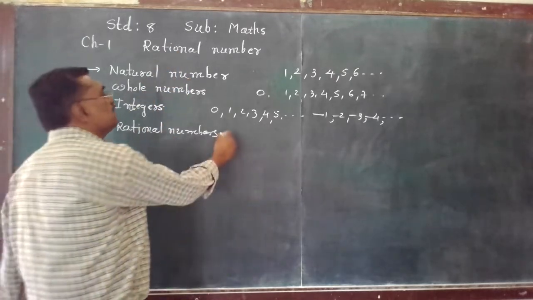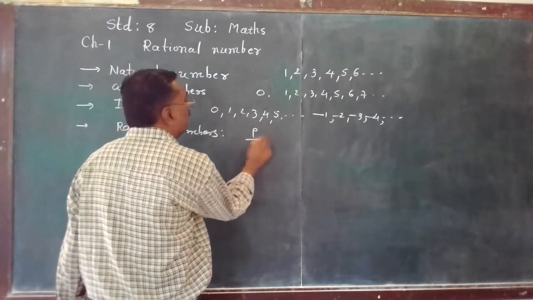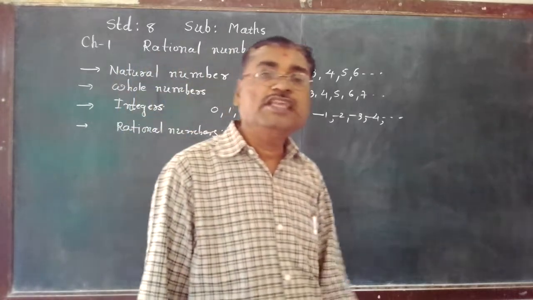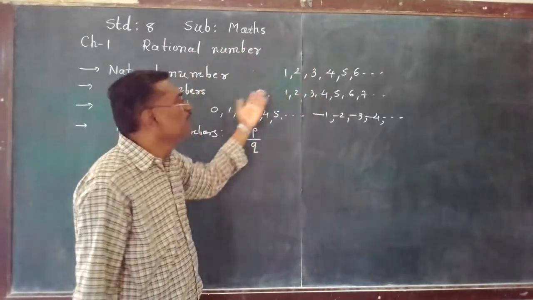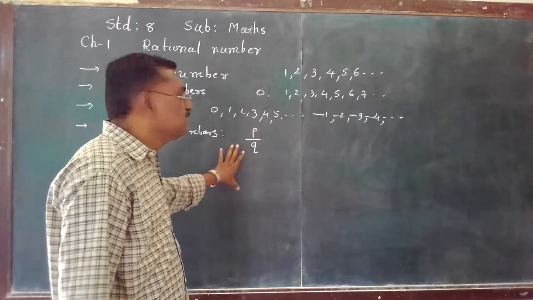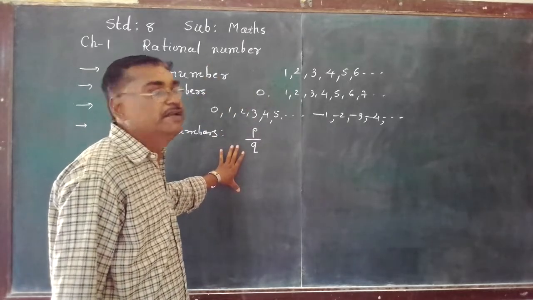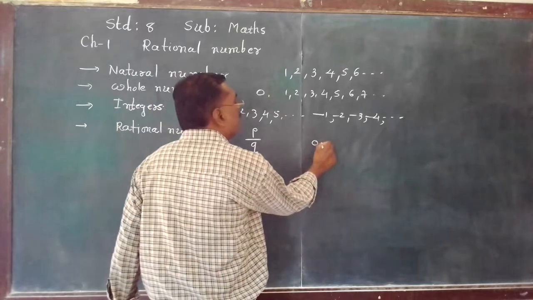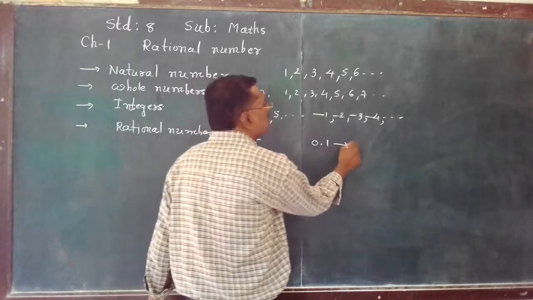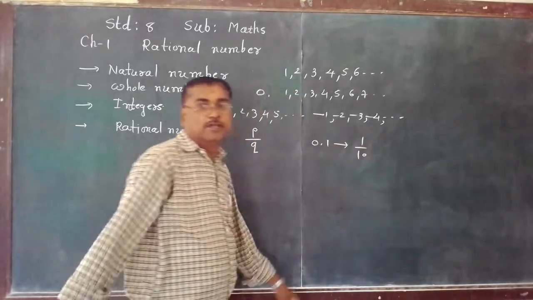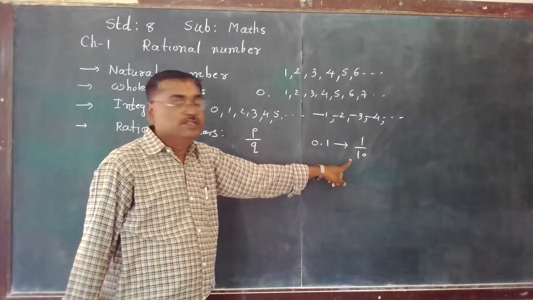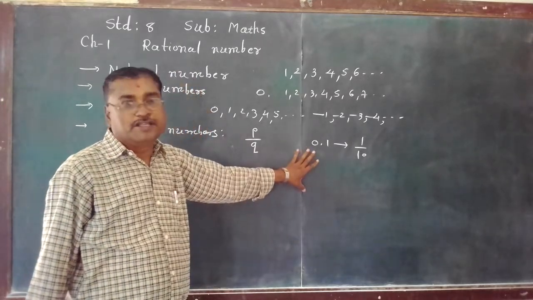Rational number means the numbers which can be represented in the form of p upon q is called a rational number. Suppose we write 0.1, so we can represent it as 1 upon 10, means numerator and denominator are both here. This type of number is a rational number.